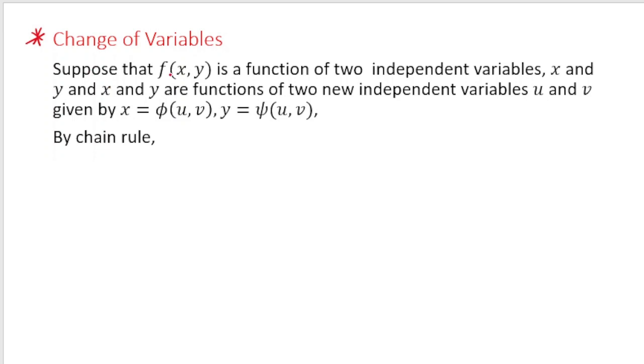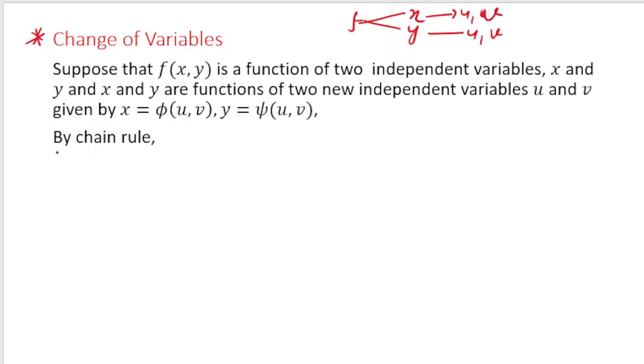So suppose that f of xy is a function of two independent variables x and y, and x and y are functions of two new independent variables u and v. So we have seen earlier that f is dependent on x and y, and x and y are dependent on u and v, right?